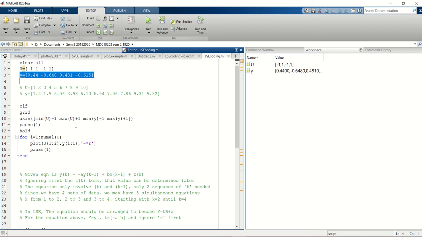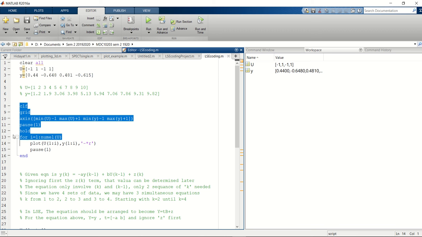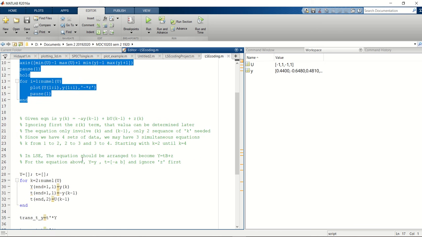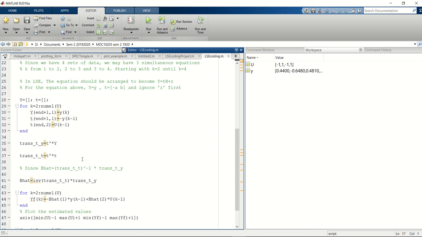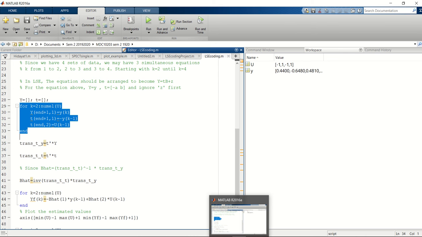Okay, this one is the way for me to create the graph of it. I'll show you later. We go straight to the solution first. Okay, so this is it. I use a for loop to create it. Remember just now we have y and u and b.